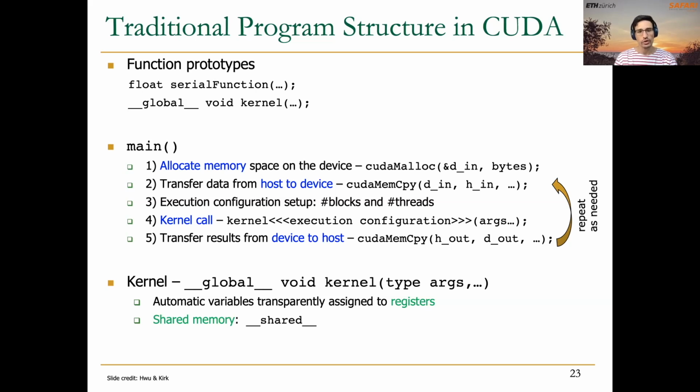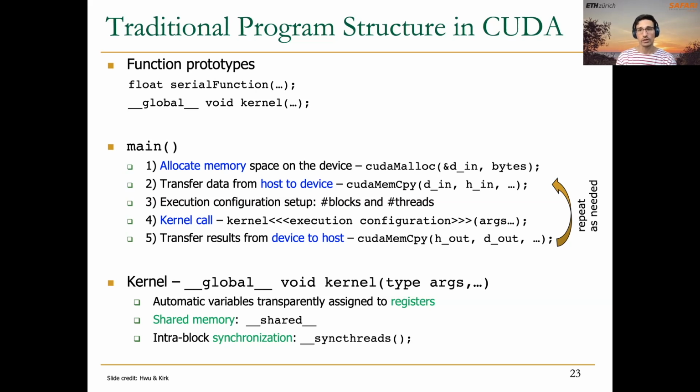It's a sort of software-managed cache or a scratchpad memory where the programmer or the compiler can decide to place some small arrays or some variables that are going to be shared because they are useful to all threads or many threads belonging to the same thread block. And we also have intra-block synchronization: threads belonging to the same block, which will run on the same GPU core, can synchronize.